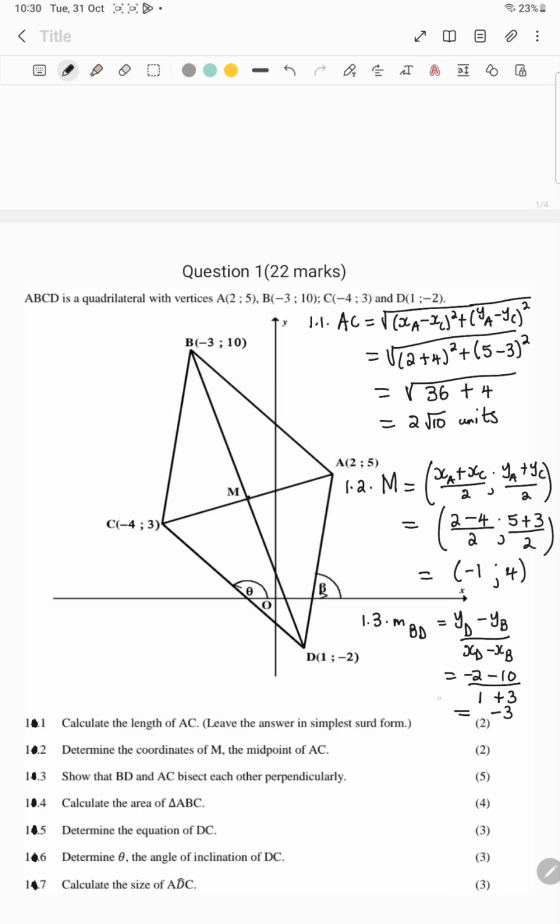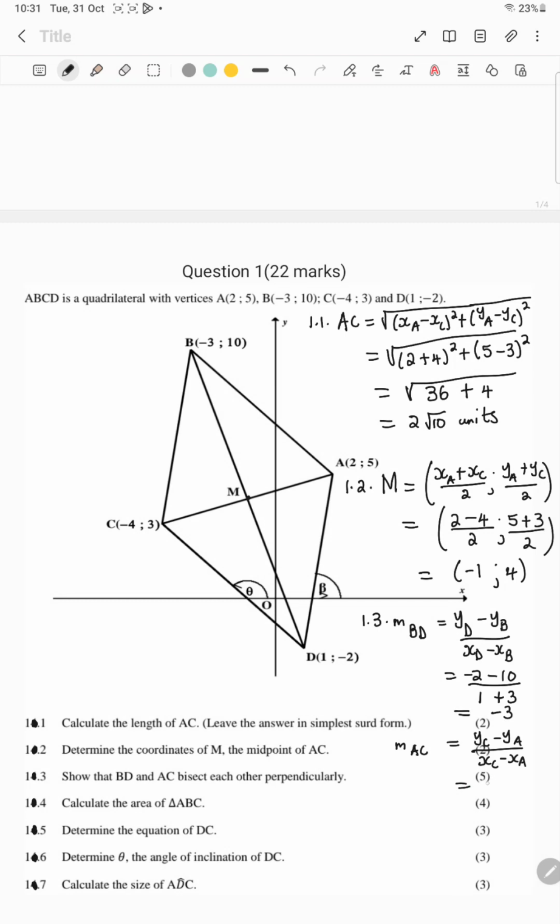All right, and now I also need to calculate the gradient of AC. So MAC is going to be y at C minus y at A over x at C minus x at A. Let's substitute. What is my y at C?